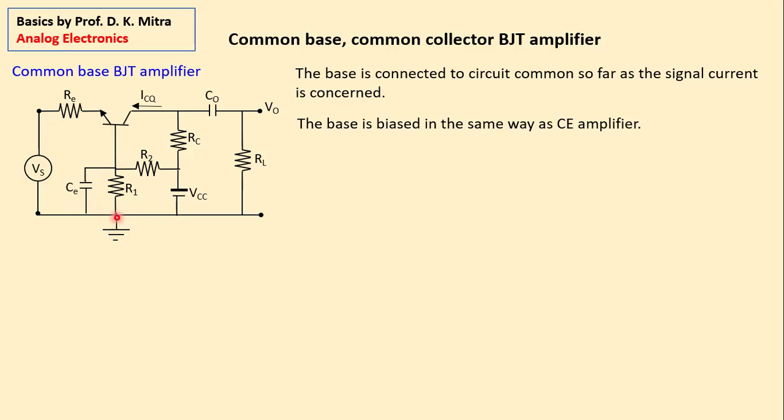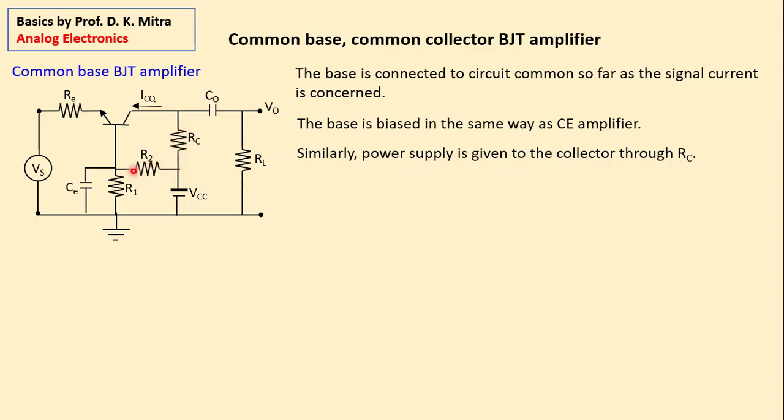Next, you have seen the base is biased the same way by your R1, R2 and the VCC. If you remember common emitter configuration, it is the same biasing configuration. And similarly, power supply is given to the collector through a collector resistance RC.